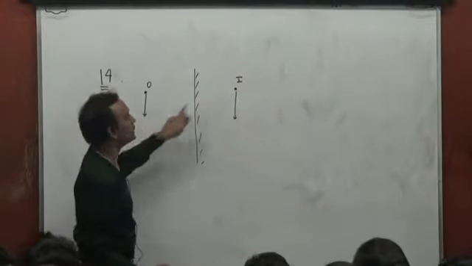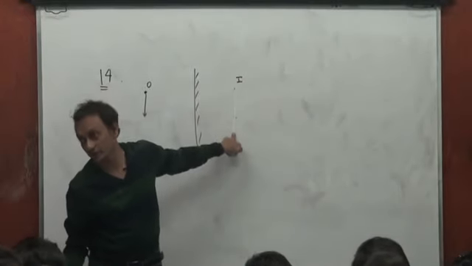If the object moves vertically, the image would also move vertically.